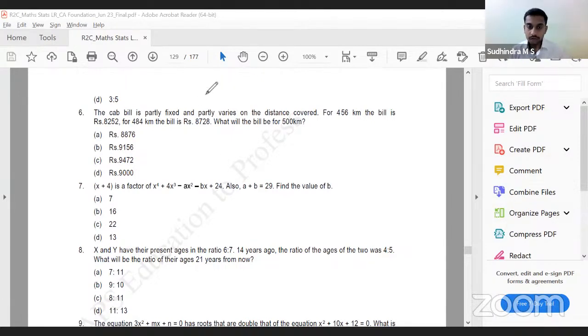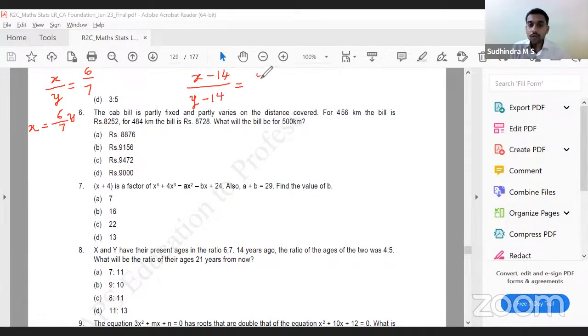Present ages in the ratio of 6:7. So currently X is to Y is 6:7, or X by Y is 6/7. So X can be written as 6/7 Y. Right? 14 years ago, the age of X would have been X minus 14. Age of Y would have been Y minus 14.